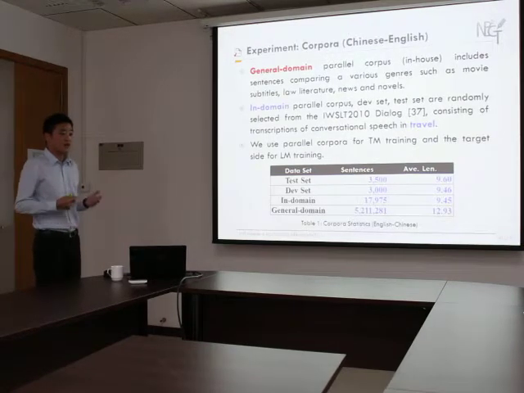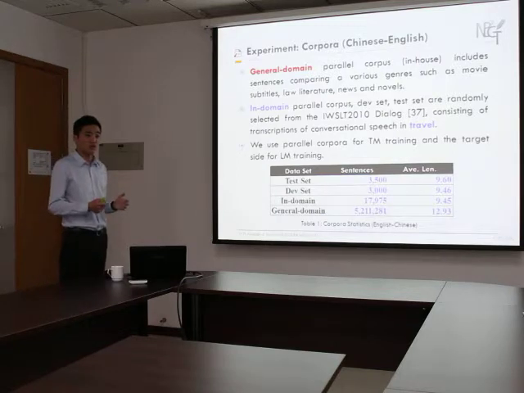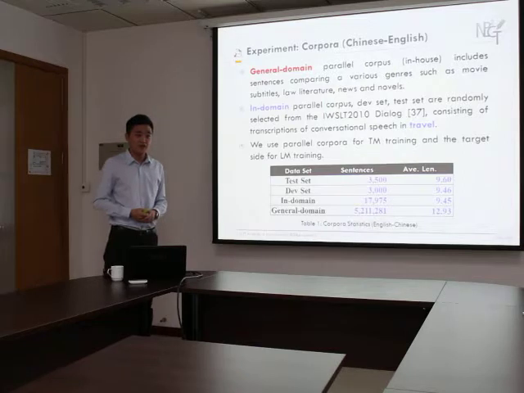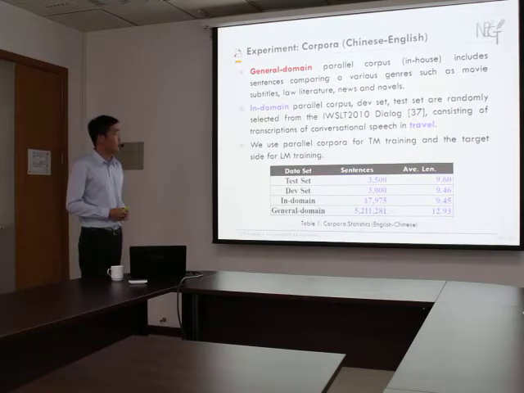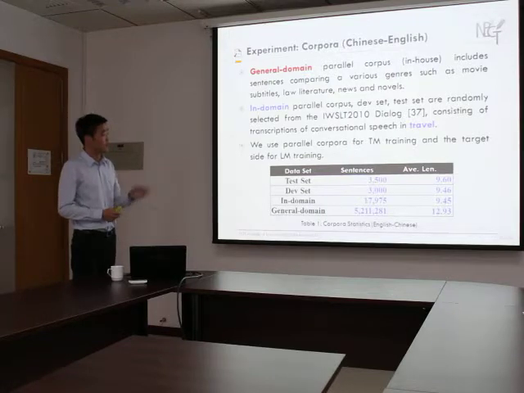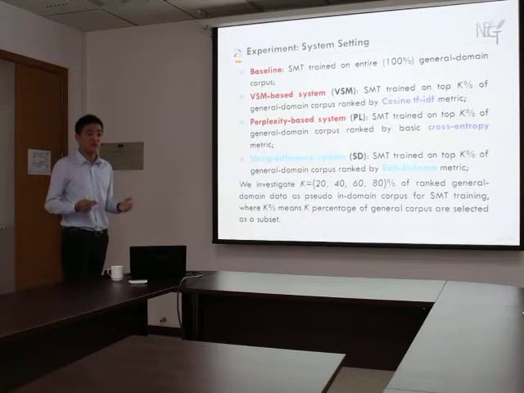To conduct our experiment, I use a large and broad general domain corpus, which includes 5 million sentence pairs. For the in-domain corpus, I use IWSLT dialog task data, which is the traveling domain. And I built several systems.